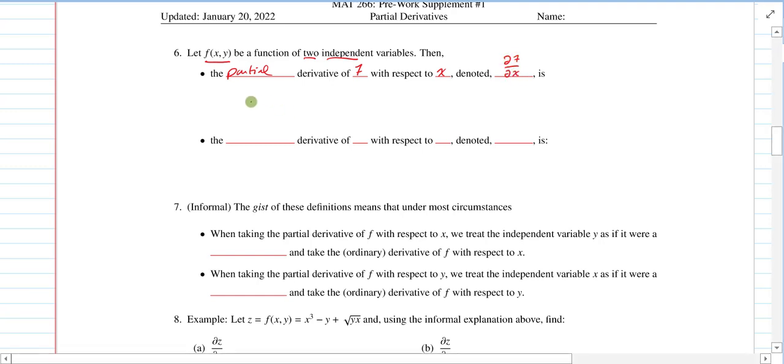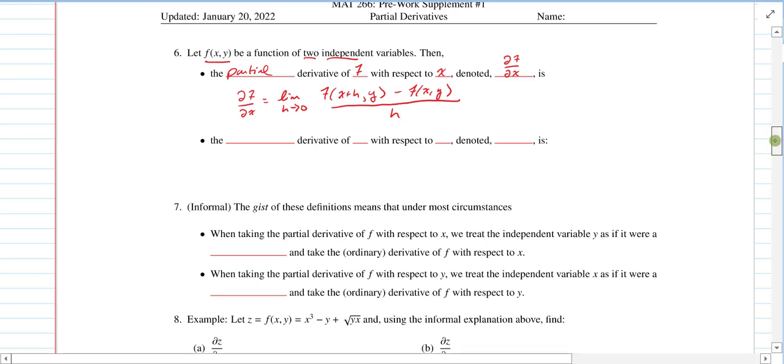And its definition is, partial f, partial x is equal to the limit as h approaches 0 of f of x plus h comma y minus f of x comma y all over h.